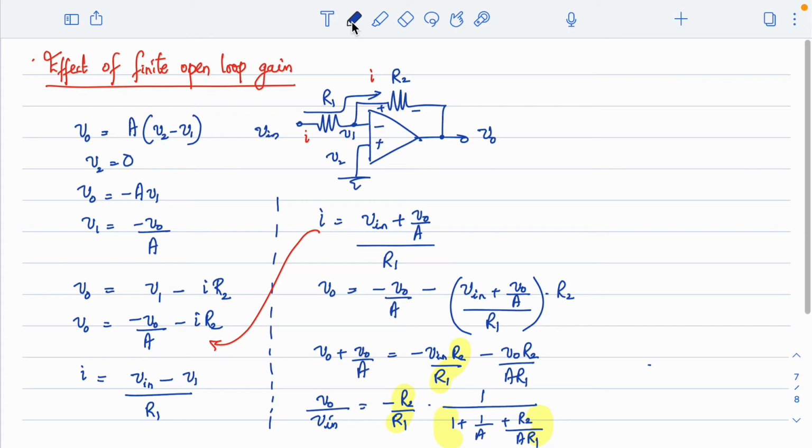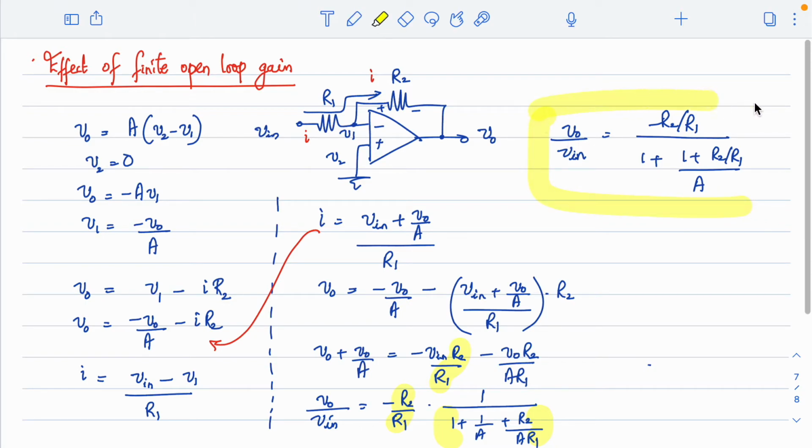This can be further written in this form as V0 by V in is equal to minus R2 by R1 divided by denominator. I'll just take that A common, so it is 1 plus R2 by R1 divided by A. This is the expression for gain.